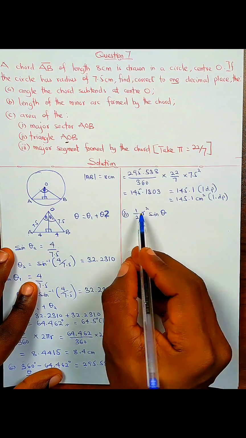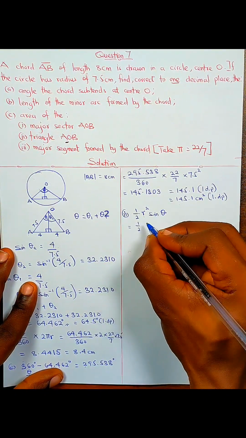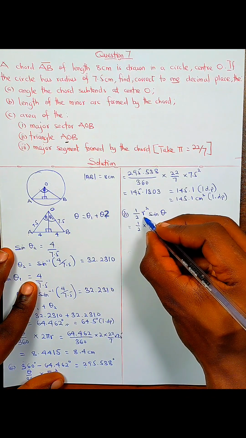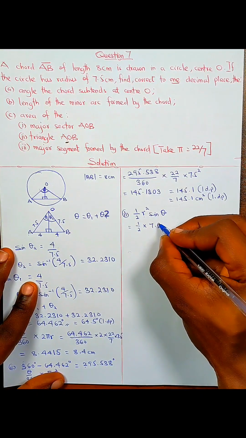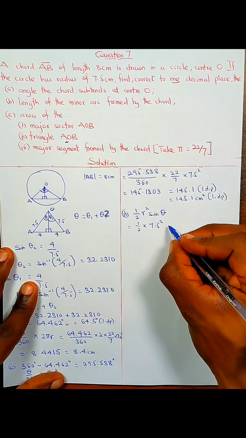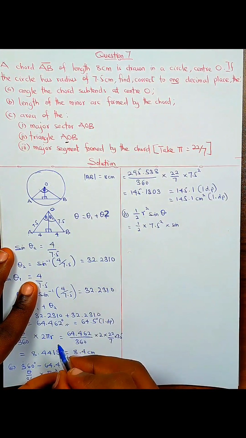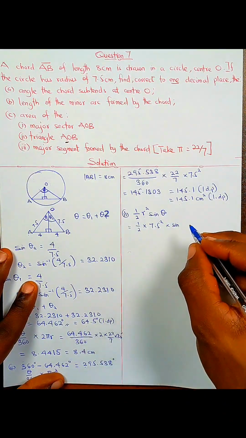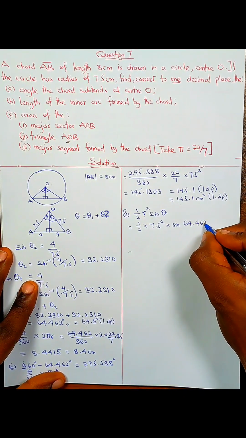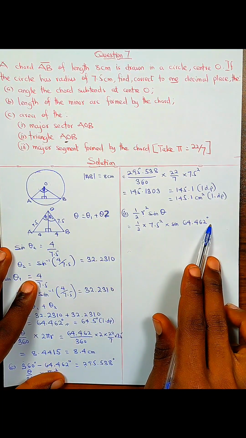So r is going to be my radius. It's going to be very simple. We're just going to have 1/2 times r, what is r? The radius, 7.5 squared, sine, and what is the angle? 64.462 degrees.